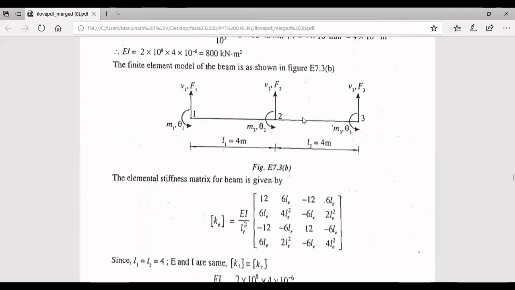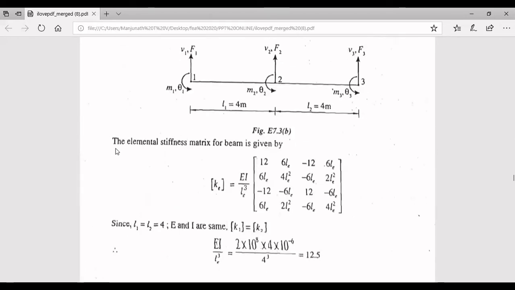Now, as per the finite element procedure, first we need to calculate the elemental stiffness matrix. The elemental stiffness matrix for the beam is given by Ke equal to EI divided by Le cube, times the matrix: 12, 6Le, minus 12, 6Le; 6Le, 4Le square, minus 6Le, 2Le square; minus 12, minus 6Le, 12, minus 6Le; 6Le, 2Le square, minus 6Le, 4Le square.